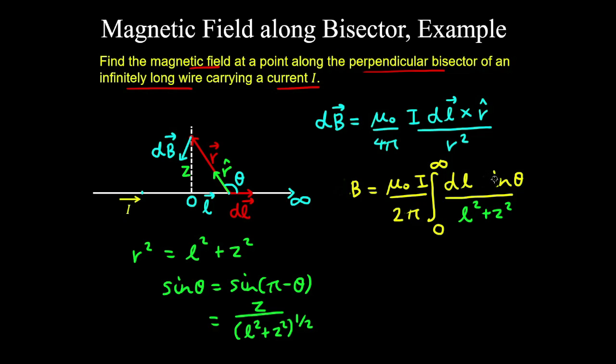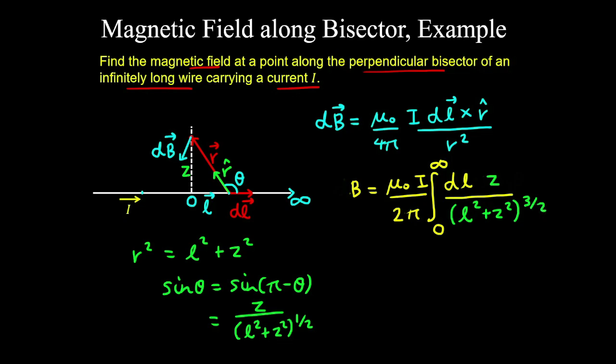So sine theta can be replaced with Z on L squared plus Z squared multiplied by (L squared plus Z squared) to the 1/2, which is (L squared plus Z squared) to the 3/2.